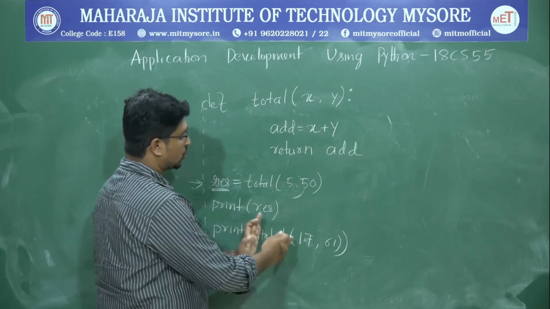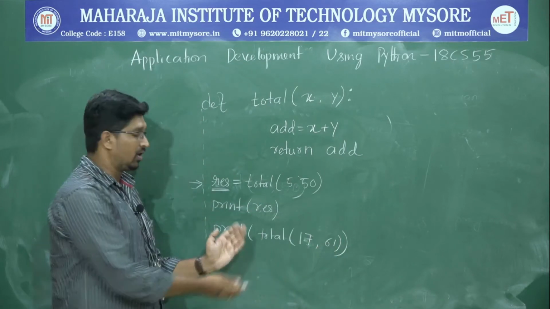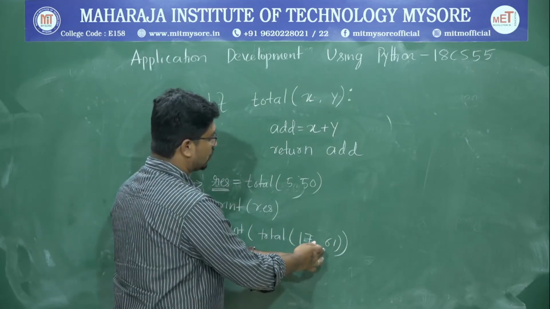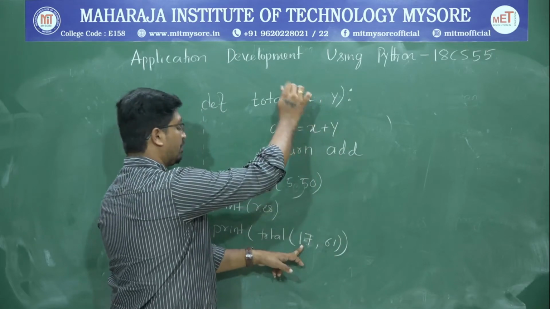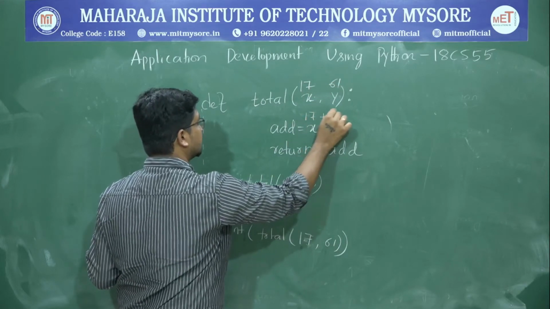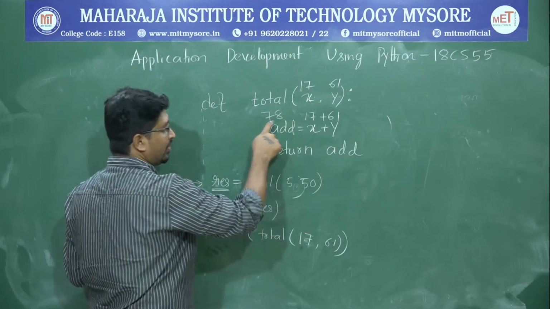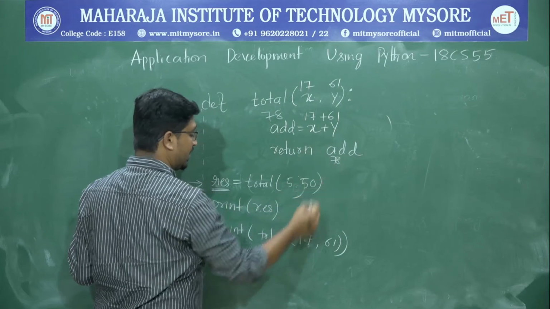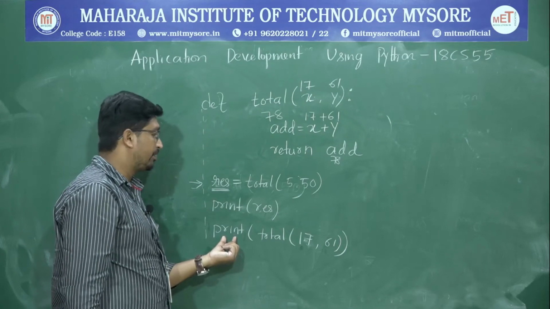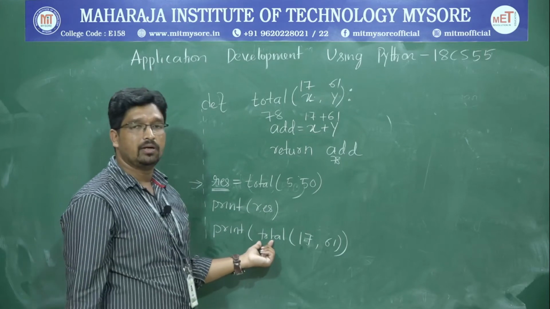Print is a function, total is a function. Print is taking a parameter, which is a function call itself. The function call is a parameter to the print function. So total has taken two parameters 17 and 61. They are copied to x and y, and 17 plus 61 get added. Add becomes 78. So 78 is returned back to the print statement. Then the print statement will print 78. So this is how the return statement works.